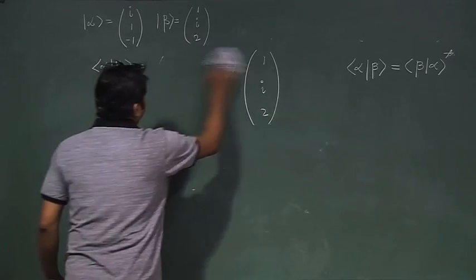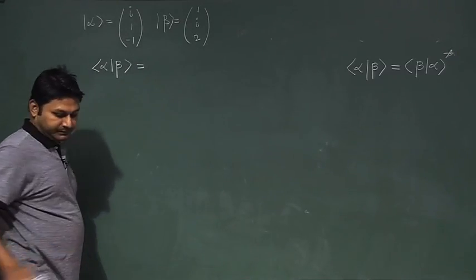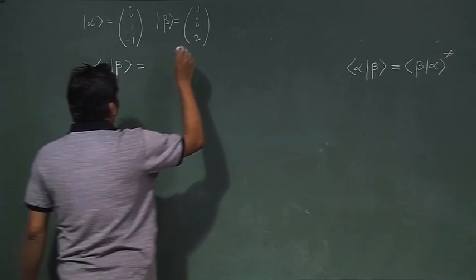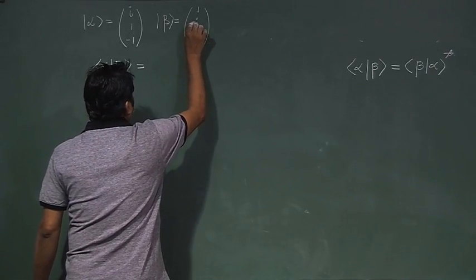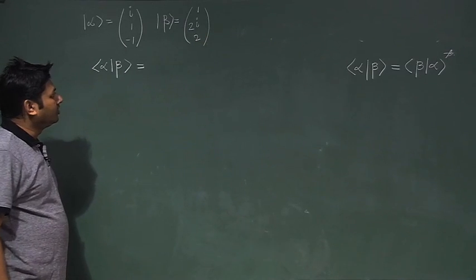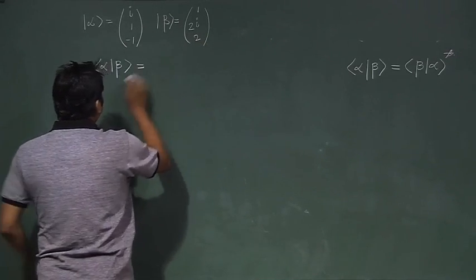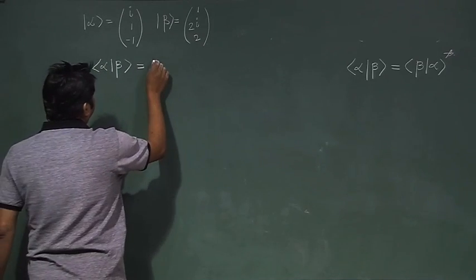Now I need to change this, so make it 2i. Let us check whether by putting a 2i I am getting something extra or not. So what will be my alpha beta?